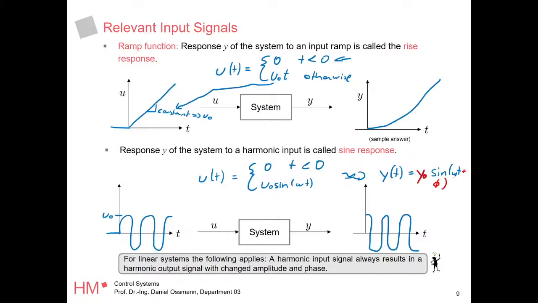The important one here is the frequency does not change. So you can have a different amplitude and you can have a phase shift, but the frequency does not change. So let's note this down. Frequency remains the same. Again, this only holds if your system is linear.